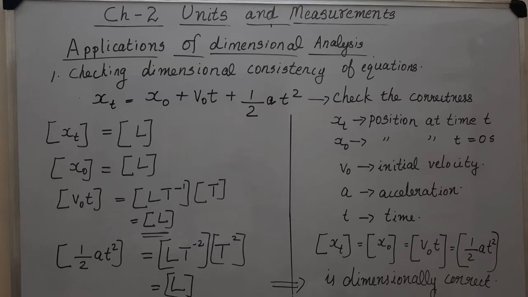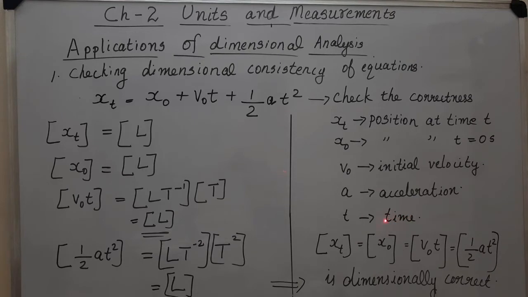Now, what are the terms involved in that equation? Here xt stands for the position at time t. X0 is the initial position. So what type of quantities are they? Xt and x0, position, means it is length itself. So xt and x0 have the dimensions of length. Then v0 is initial velocity, a is acceleration and t is time.